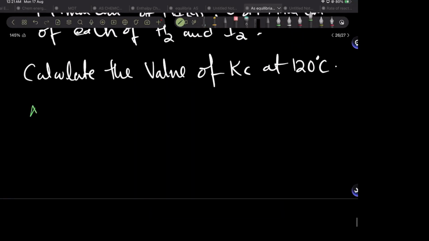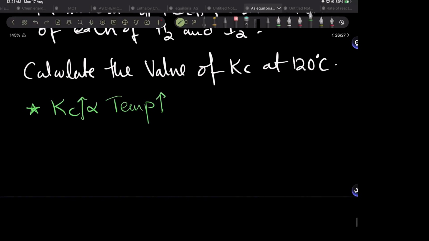Remember that Kc is an equilibrium constant and it's only changed by temperature. The value of Kc, it's supposed to be what? Equilibrium constant, right? It needs to remain constant as long as the temperature is constant. If you change the temperature, then you'll change the value of Kc as well. All right. So Kc is temperature dependent.